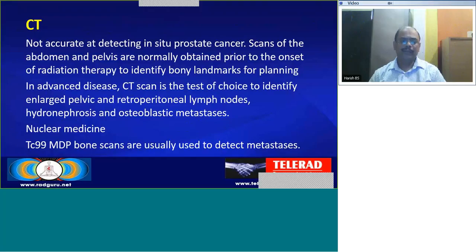In case of advanced disease, CT is the test of choice to identify the enlarged pelvic and retroperitoneal lymph nodes, hydronephrosis, and blastic metastasis into the bones. When combined with PET-CT, it is a useful tool for evaluating malignancy and metastatic disease. In nuclear medicine, we have the Technetium-99 MDP bone scans, which are useful for detection of metastasis.